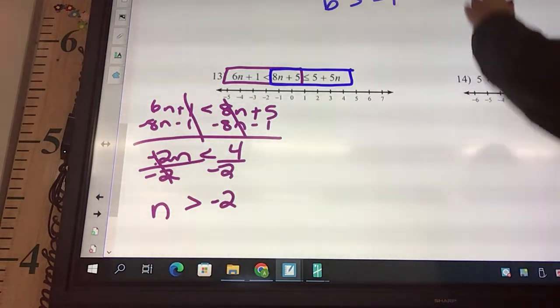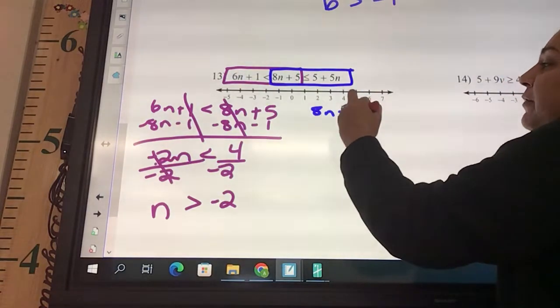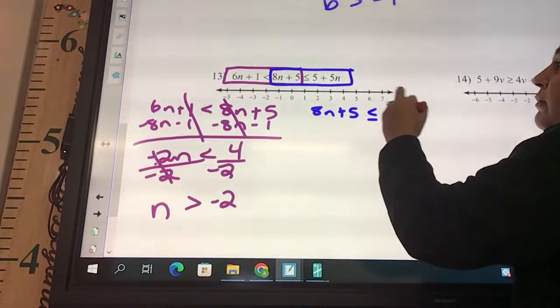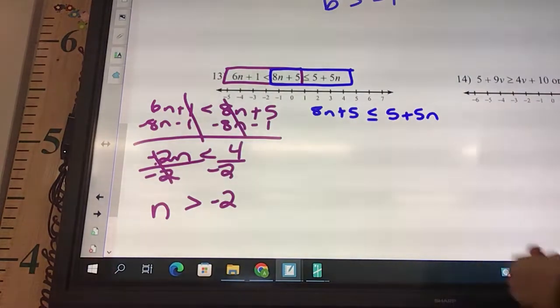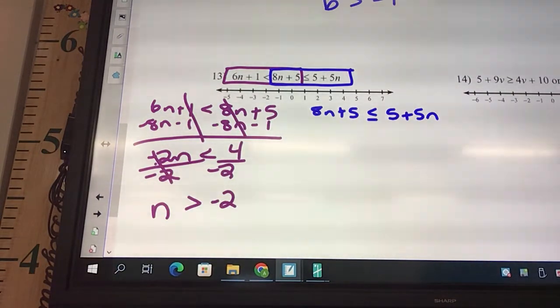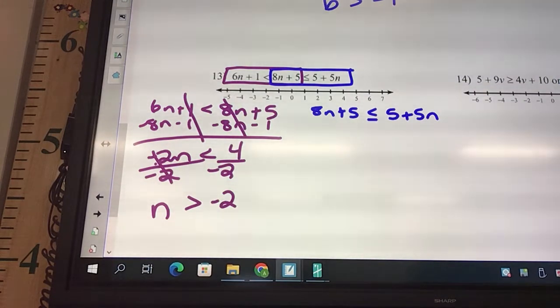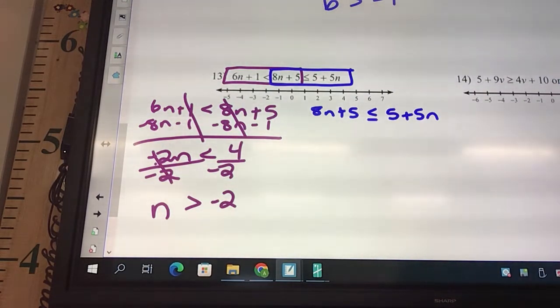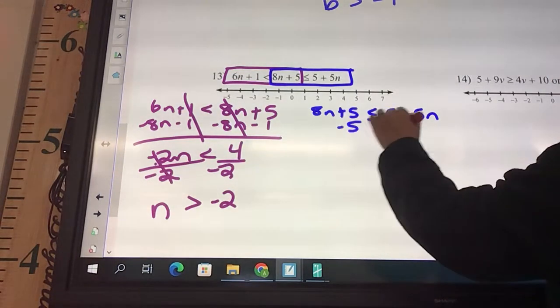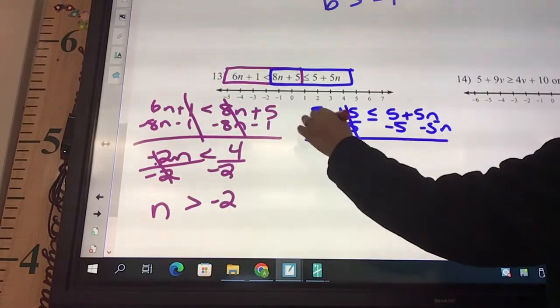Okay, for the blue part, we start off here at 8n plus 5 is less than or equal to 5 plus 5n. So I need to move the 5 and then move this 5n.